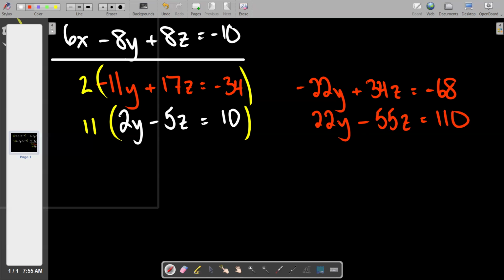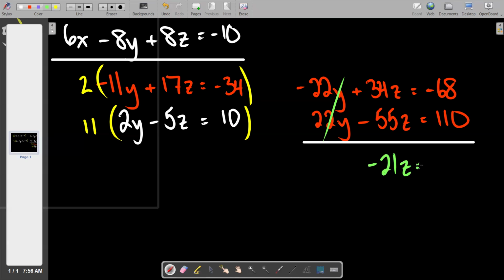Perfect. And so now we can commit to this and do our combination. So when we add straight down the line, how many Y's do we get? None. Good. How many Z's do we get? Negative 21.